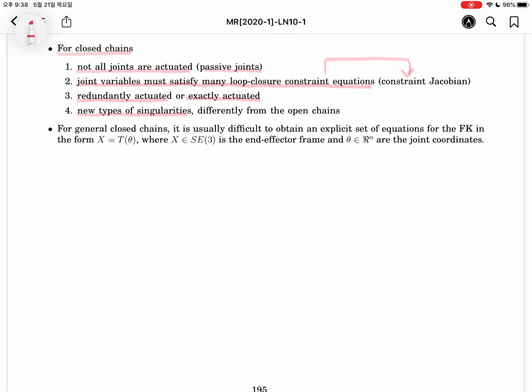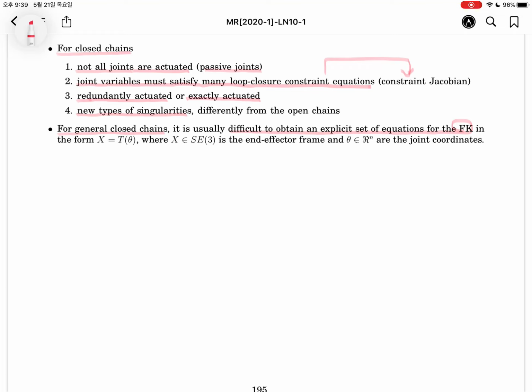So if we use a closed chain, such as a parallel mechanism, we should be very careful in dealing with the singularity issue. For a general closed chain, it's difficult to obtain an explicit set of equations for the forward kinematics. On the other hand, the inverse kinematics is very straightforward. Those issues are the dual problem of the open chain. In the case of the open chain, the forward kinematics is very straightforward, but the inverse kinematics problem is a little bit hard to obtain.